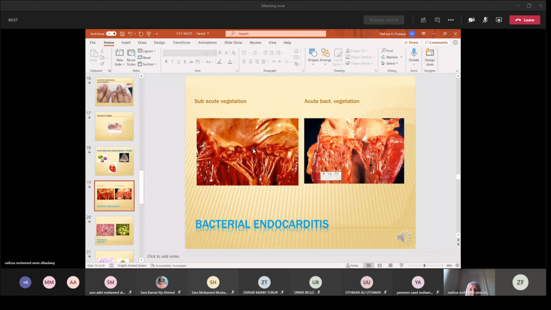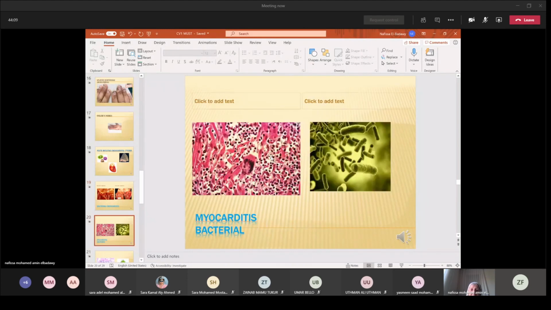And as we said, both of them will cause the presence of large vegetations, which are invaded by colonies of bacteria. These are the colonies of bacteria, and this is the vegetation. As we see, it is invaded by a large number of bacteria and inflammatory cells.